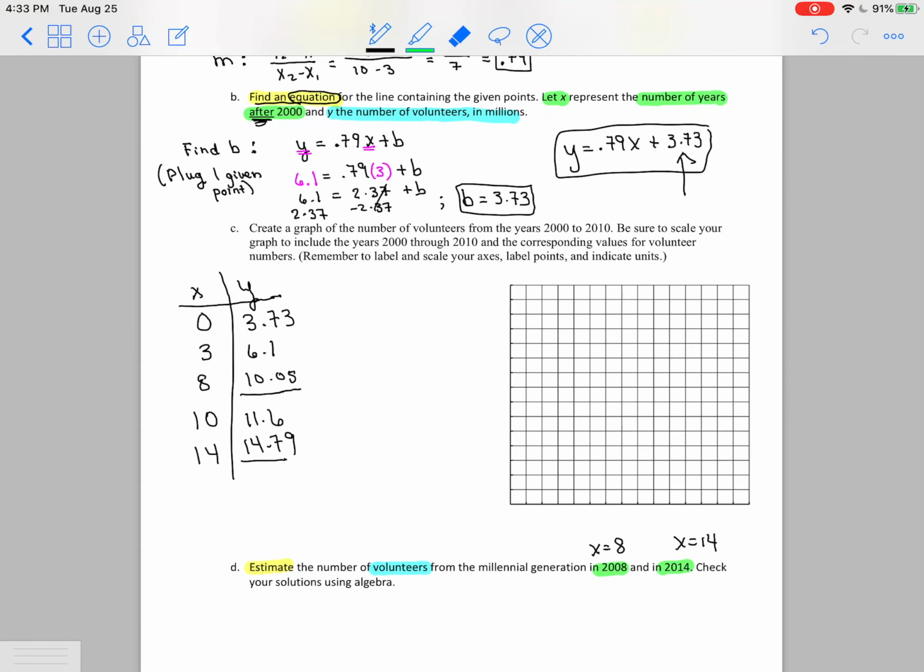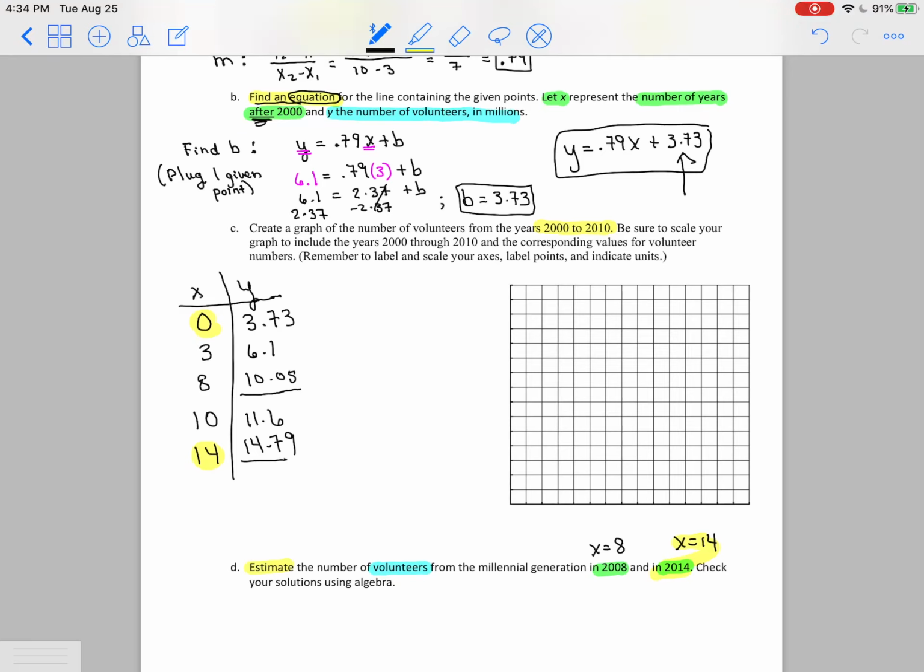So we have a 15 by 15 grid here. I need to start looking at my dimensions, and what that's going to be is just kind of looking at the high and the low of my x. So you can see that the low is 0, the high is 14. The question also asks me to graph the number of volunteers from the years 2000 to 2010. I might as well go all the way up to 2014 since I know down here I'm going to need to have that information, right?